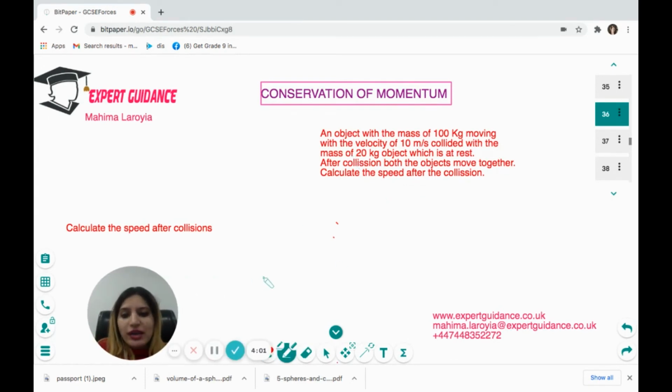Here comes a question: there's an object of mass 100 kg moving with a speed of 10 meters per second, and it collides with another body of mass 20 kg that is at rest. After the collision, they move together, and you need to calculate the speed after the collision. Have a try at this question. Work out the momentum of both bodies before the collision. That should be equal to the momentum after the collision, and you can use that to work out the speed.